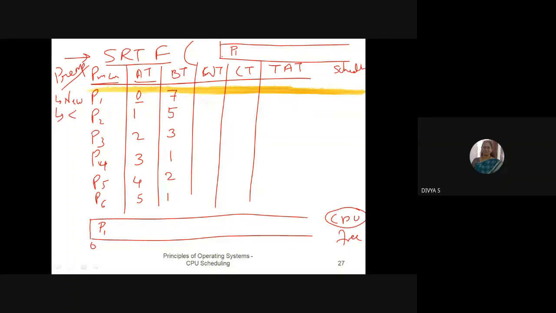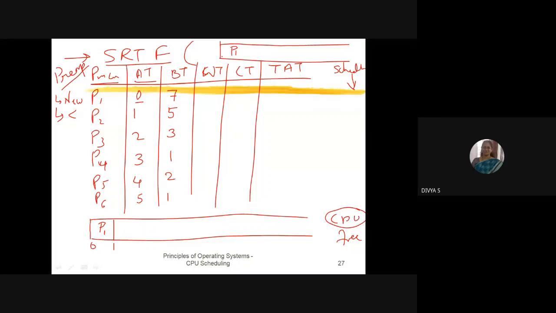Now, P1 process has been picked or allocated to the CPU by the scheduler, right? Every time, whichever process is taken will be resumed for 1 unit of time, and it will look into the queue and check whether a new process has arrived or not.